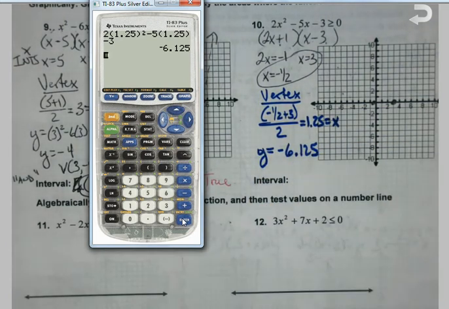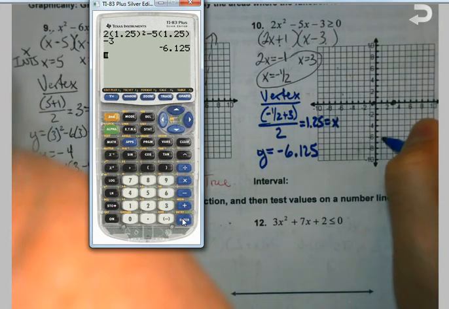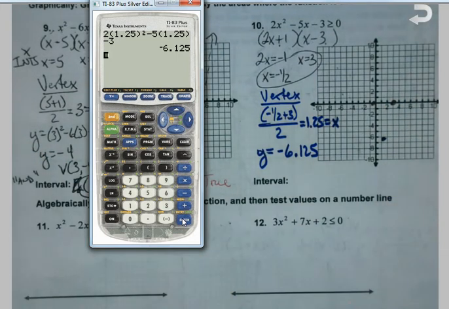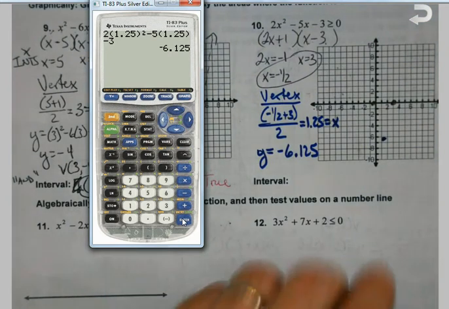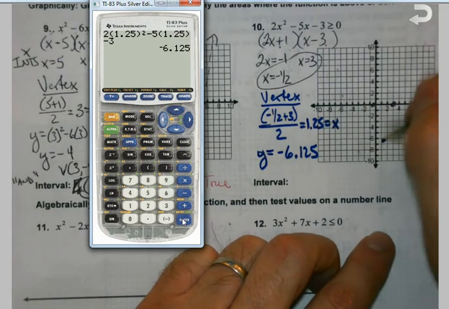So basically, -6 and 1/8. So my vertex is just past 1 and just under -6. And again, the nice thing about intercept form like this, I only need the 3 points. So I get those. I notice it's going to be a solid.